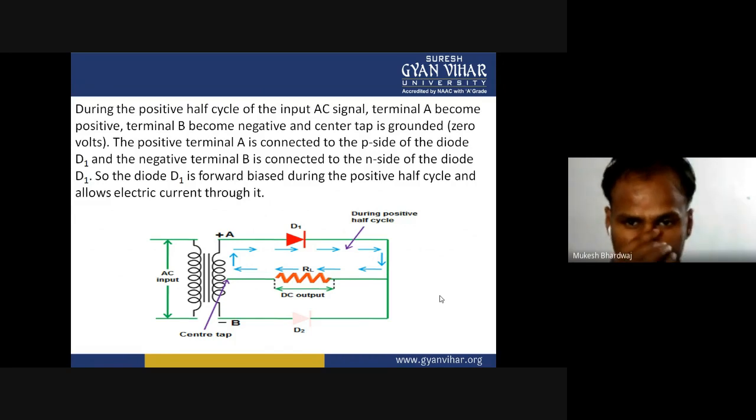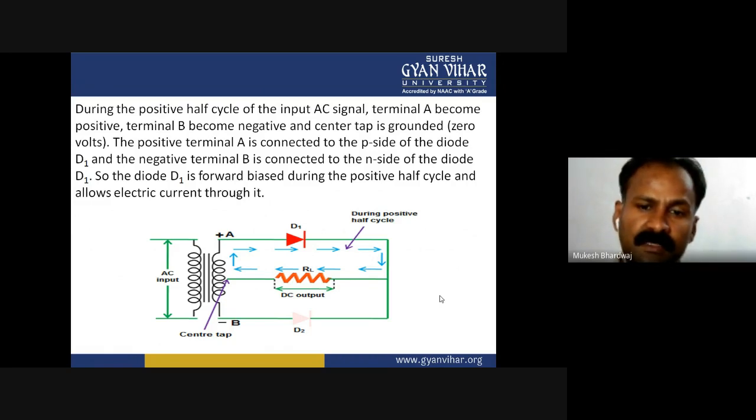The positive terminal A is connected to the P side of the diode D1, and the negative terminal B is connected to the N side of the diode D1. So the diode D1 is forward biased during the positive half cycle and allows electric current through it.